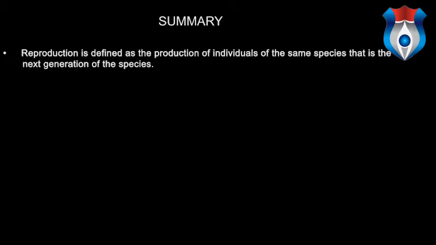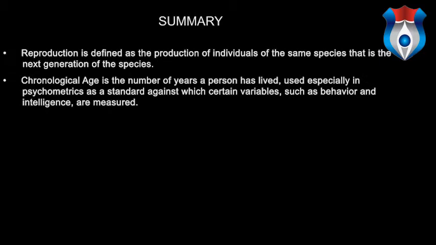Now in the end, let us summarize what we have learned in this lecture. Reproduction is defined as the production of individuals of the same species, that is the next generation of the species. Chronological age is the number of years a person has lived, used especially in psychometrics as a standard against which certain variables such as behavior and intelligence are measured.